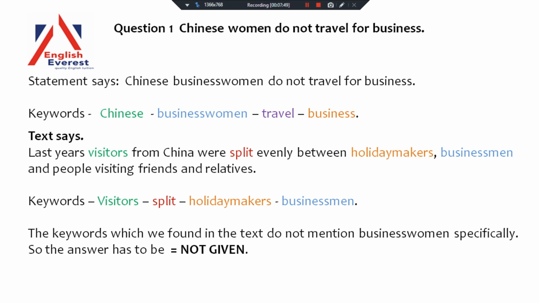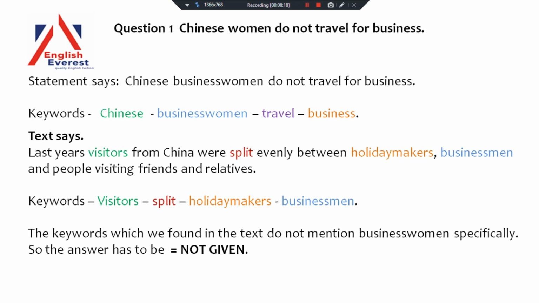So in this text, we don't know if women do not travel for business because it doesn't say specifically women. So remember, this is the point I made earlier. You have got to use the information from the text only, not your knowledge. If you think to yourself, well, businessmen means businessmen and women, so that's actually not true because you've said businessmen.